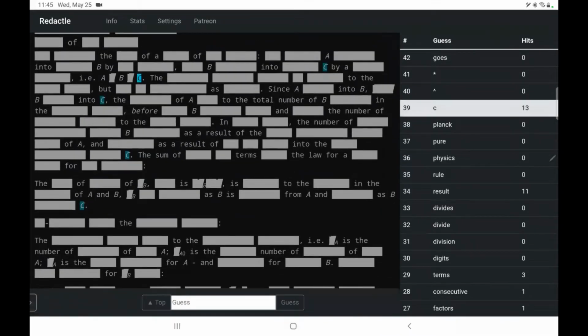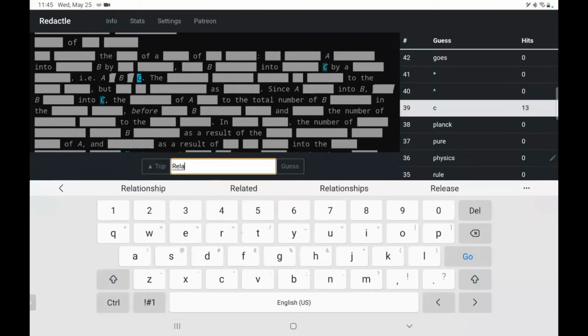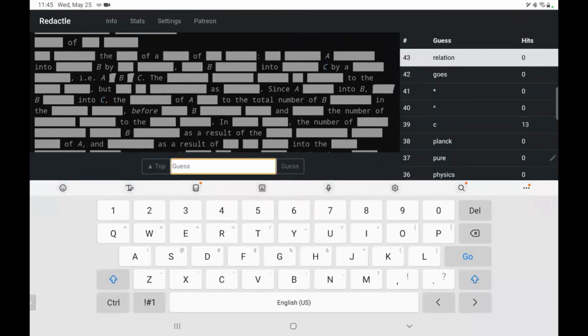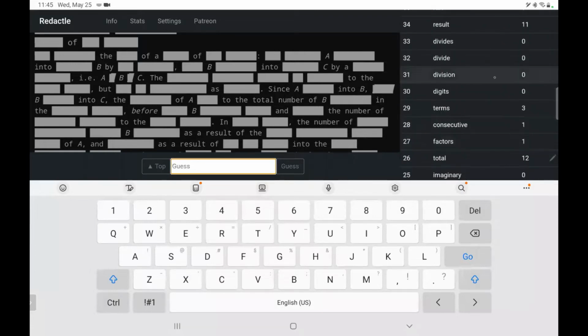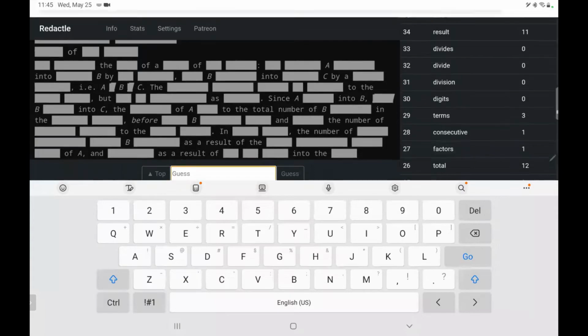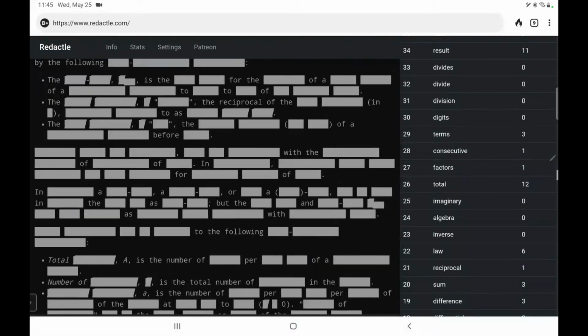What is this? Since A something into B, and then something B blank into C, the relation maybe of A to, no, the, okay, this is a tricky one.